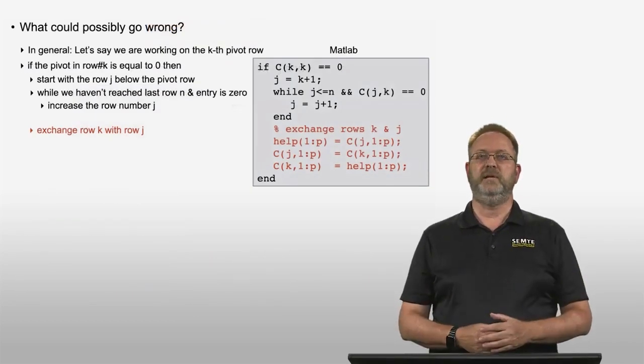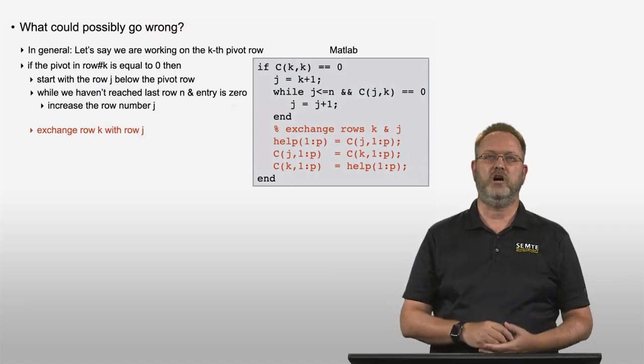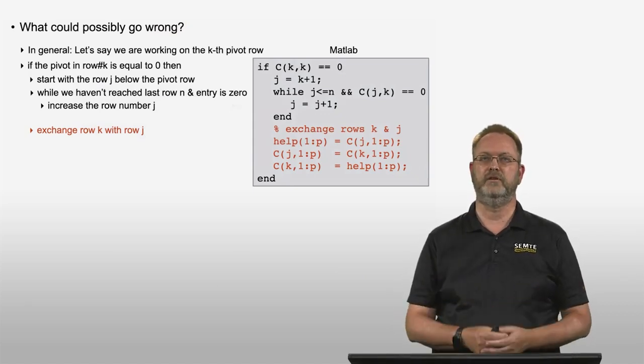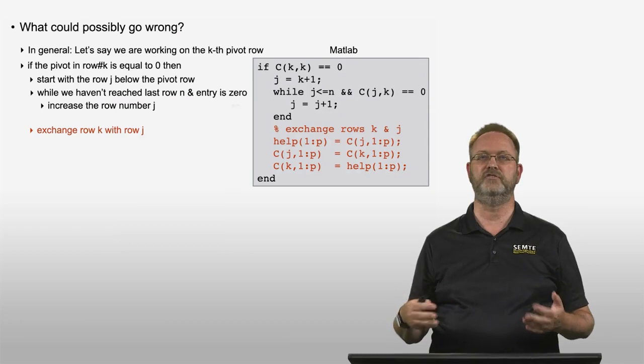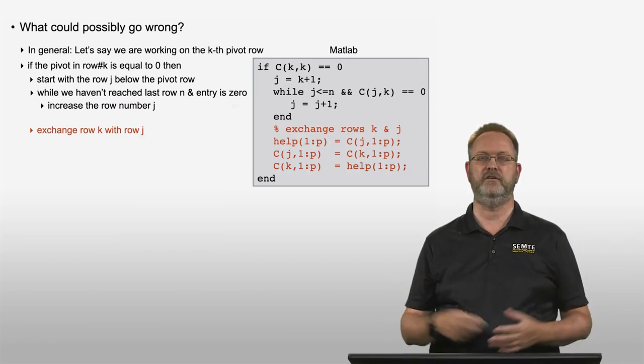That's the code snippet that goes underneath the algorithm that we had before, where we wanted to exchange rows K and J.